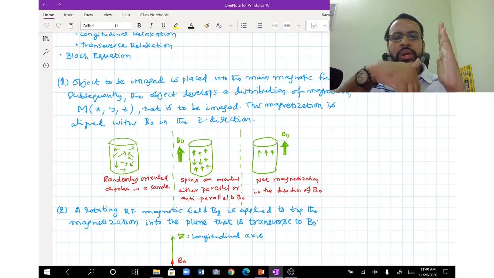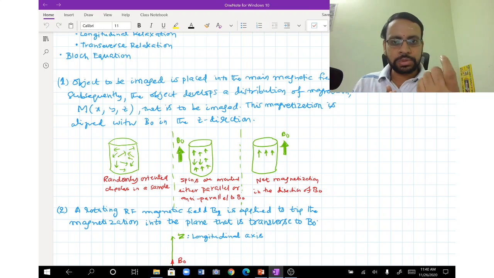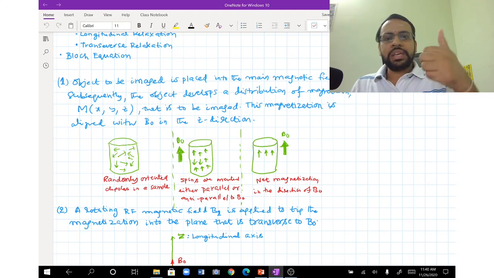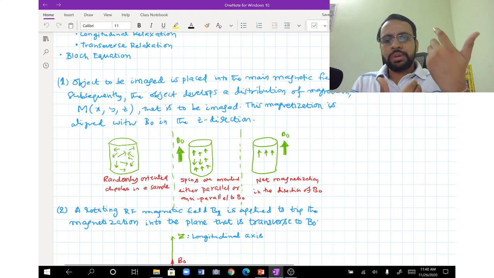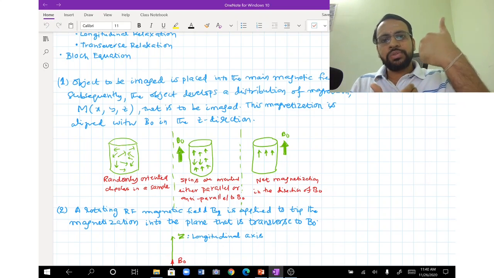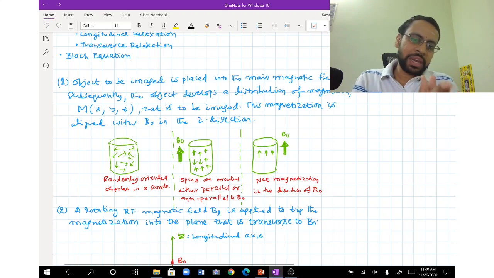These magnetic dipoles will orient either parallel or anti-parallel to the applied magnetic field, with slightly more preference towards aligning parallel to it. This is what the middle image is showing you. Then if you cancel out the number of dipoles that are parallel with those anti-parallel, all you are left with would give you a magnetization.